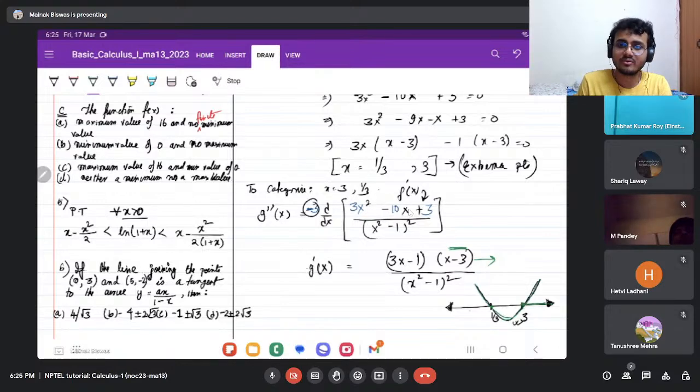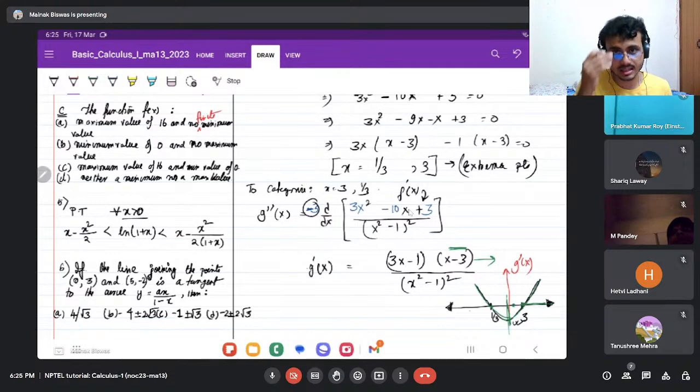So the derivative of the function, from an increasing function, becomes a decreasing function. From somewhere in between 1 by 3 and 3, it will start increasing. And you also have a discontinuity at 1. So can you tell me which point will be a maxima and which will be a minima? This is very simple to see from the g prime of x graph.